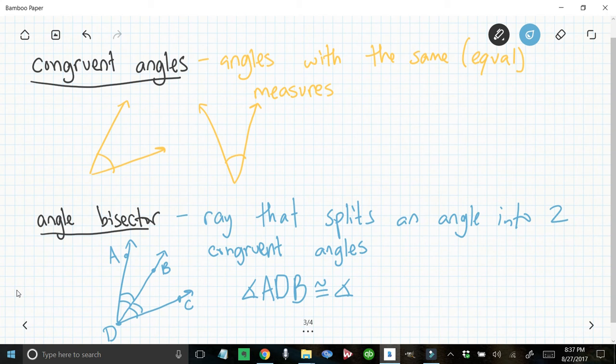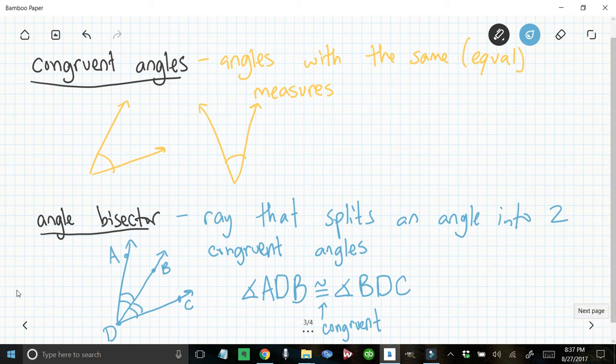Remember, the order doesn't matter as long as the vertex is right in the middle. So let's call it BDC. And if you want to make a little note, because you're not familiar with this yet, that symbol means that they are congruent. And congruent just means that they are equal, their measures are the exact same. So if one was 45 degrees, the other one would be 45 degrees also.